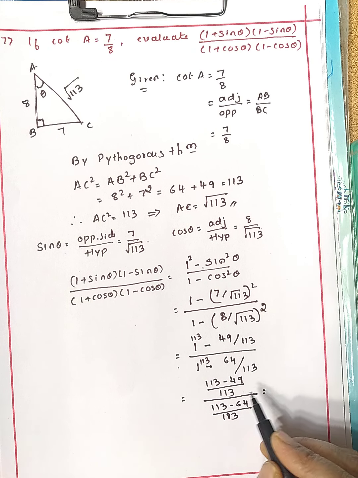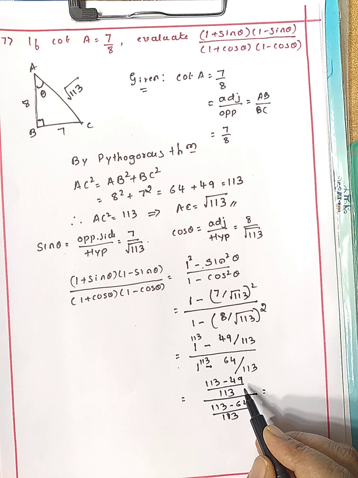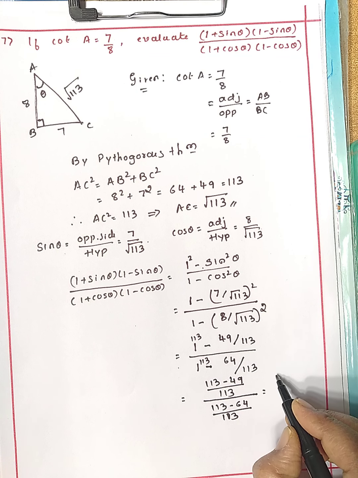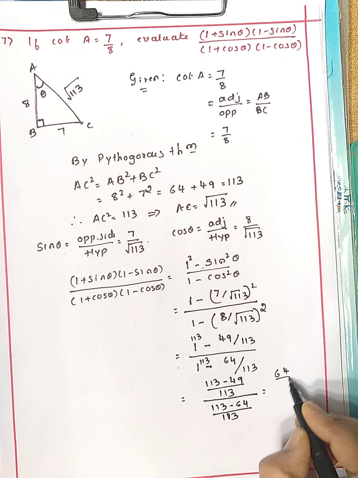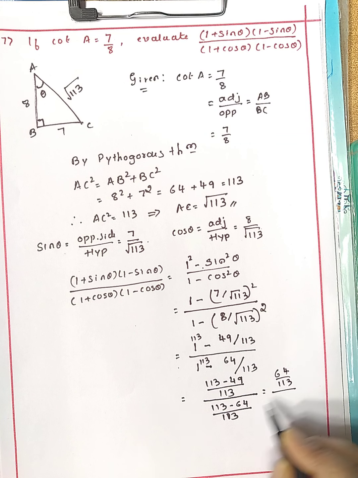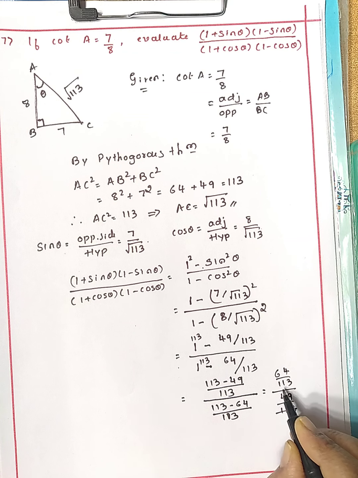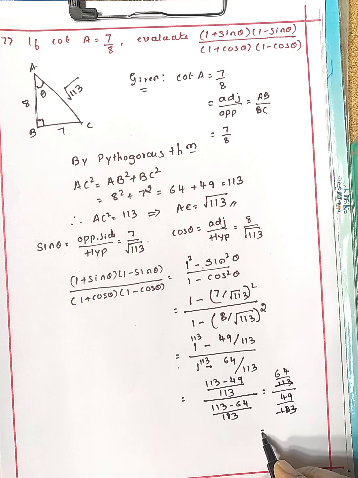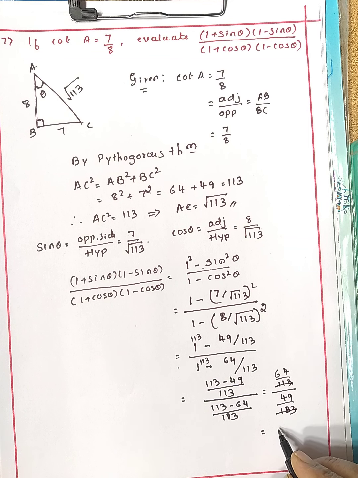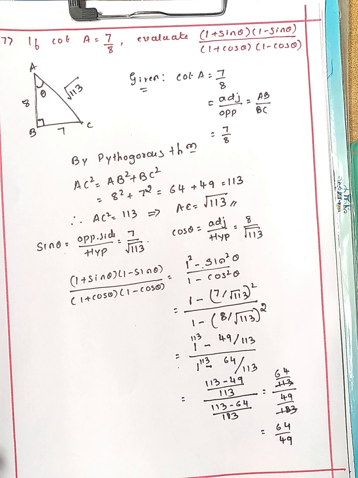So 113 minus 49 is 64 upon 113 and 113 minus 64 is 49 upon 113. 113 gets cancelled here. What will you get? 64 by 49.